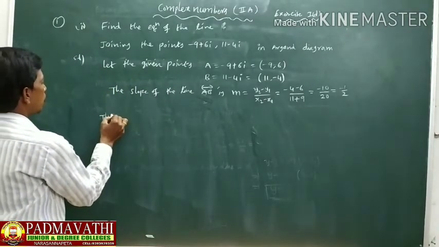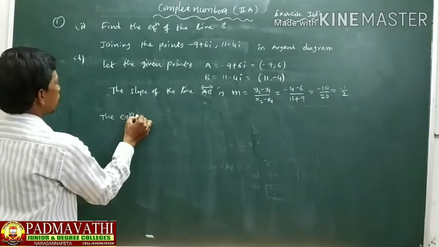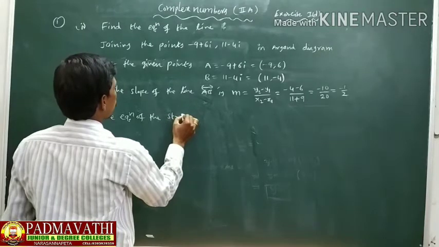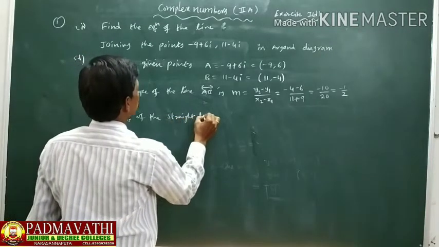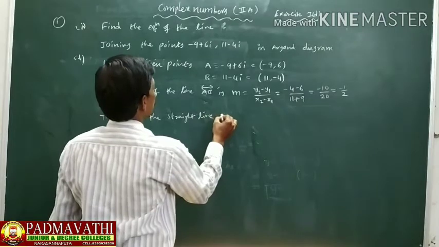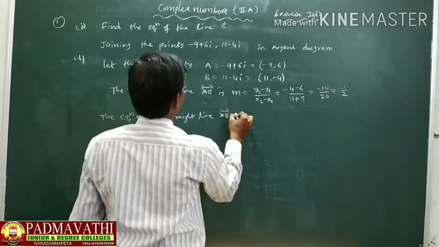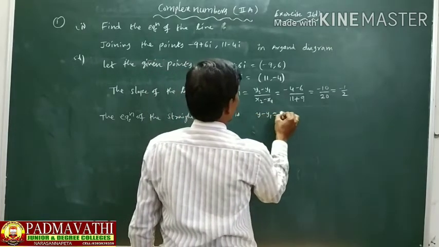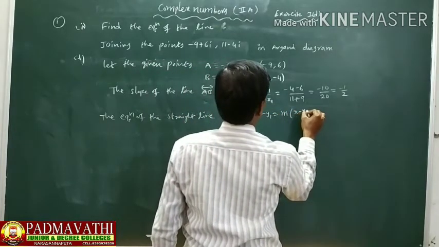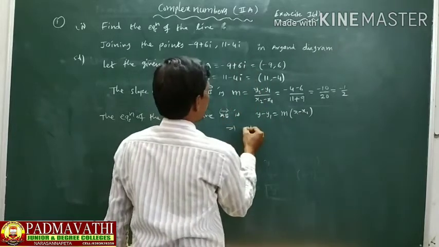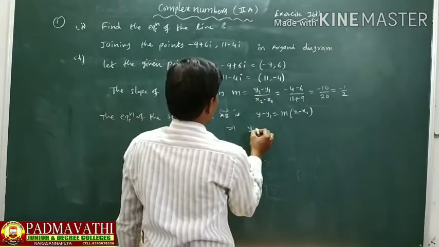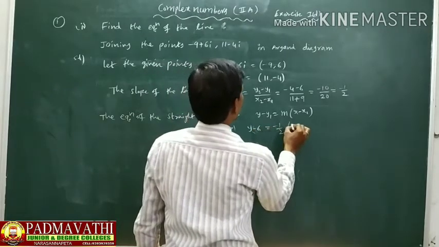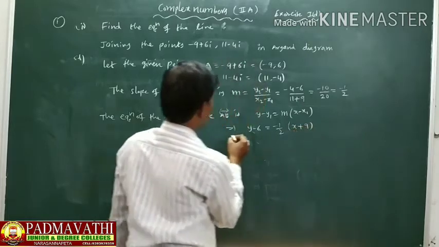The equation of the straight line AB is y minus y1 equals m into (x minus x1). That implies y minus 6 equals minus 1 by 2 into (x plus 9).